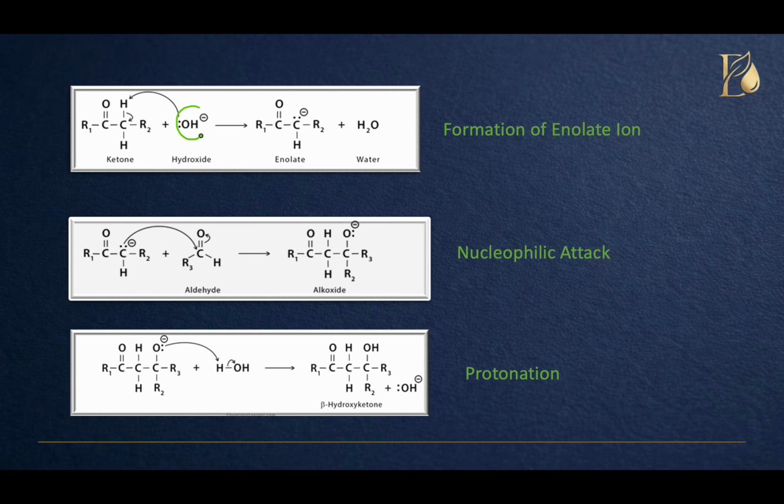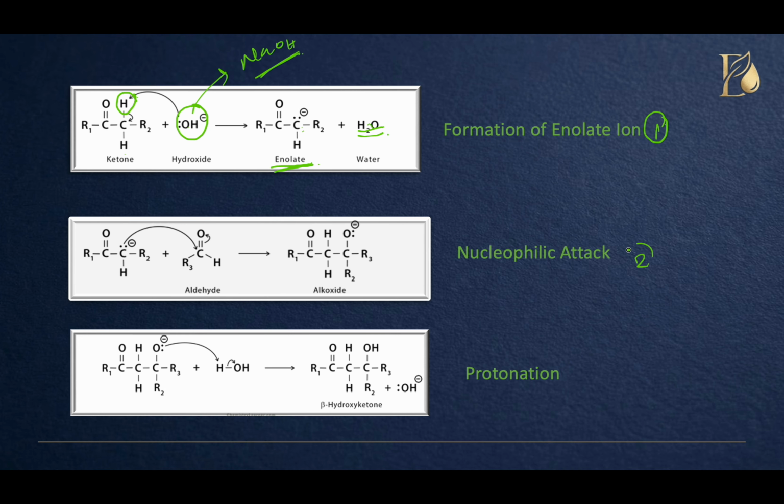A base, originating from sodium hydroxide, comes and abstracts this alpha hydrogen to form a water molecule, and as a result it will produce enolate. What is enolate? This alpha hydrogen atom is removed, so H plus is removed, and there will be a negative charge on this alpha carbon atom. So this is enolate ion. The first step is the formation of enolate ion.